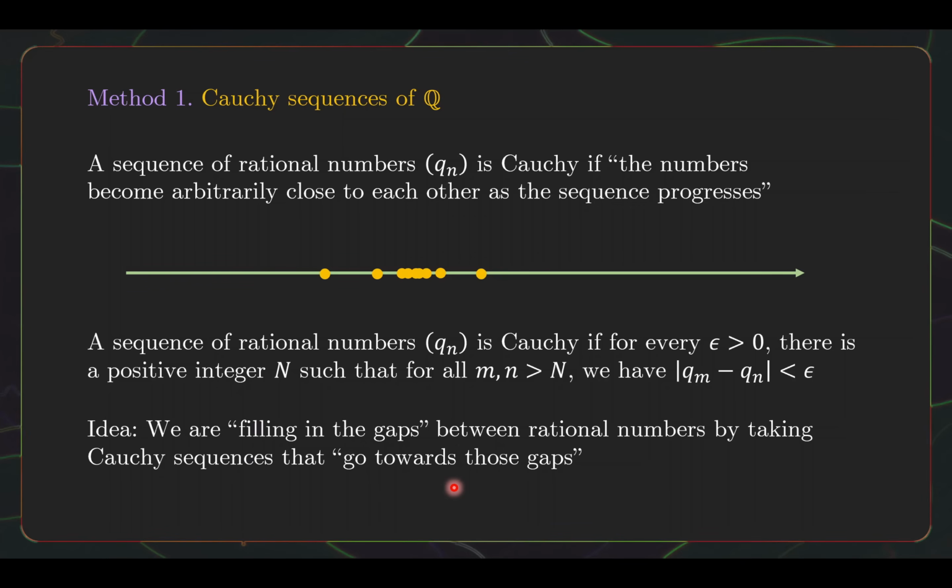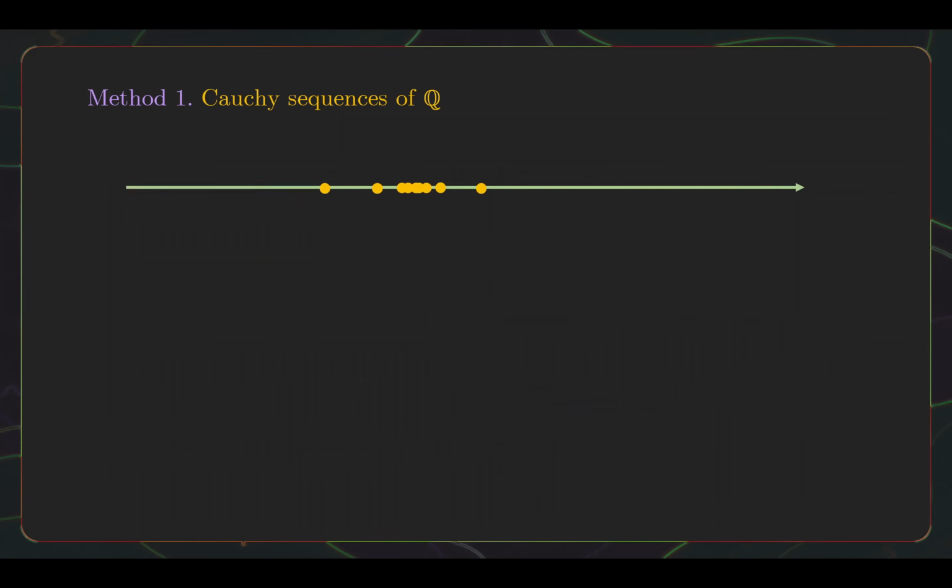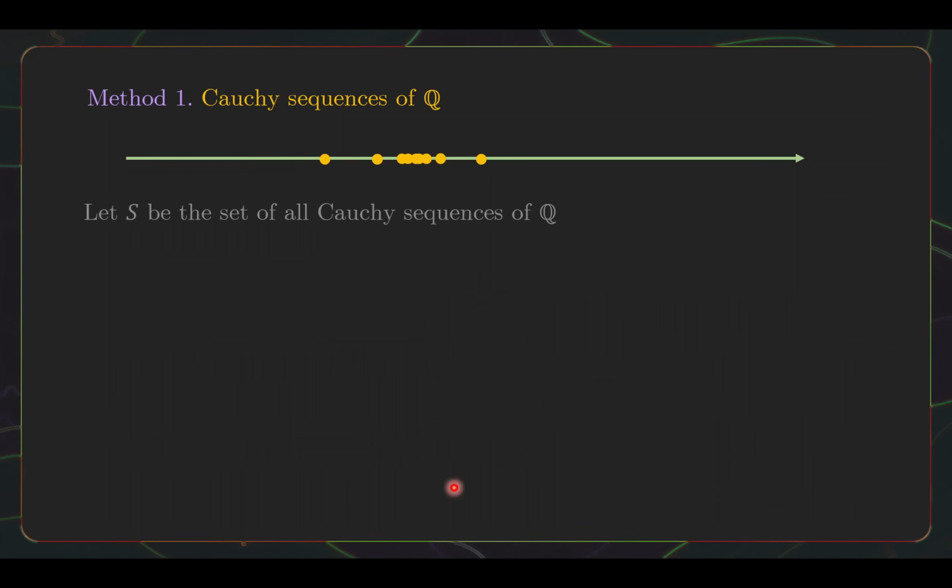So I don't have square root 2, but I can take a sequence of rational numbers that approaches that gap, and then I say that sequence is my definition of square root 2. So the whole idea here is I'm going to let S be the set of all Cauchy sequences of rational numbers.